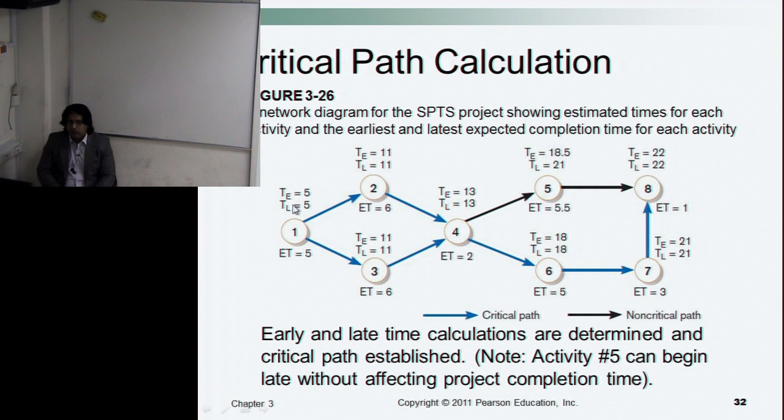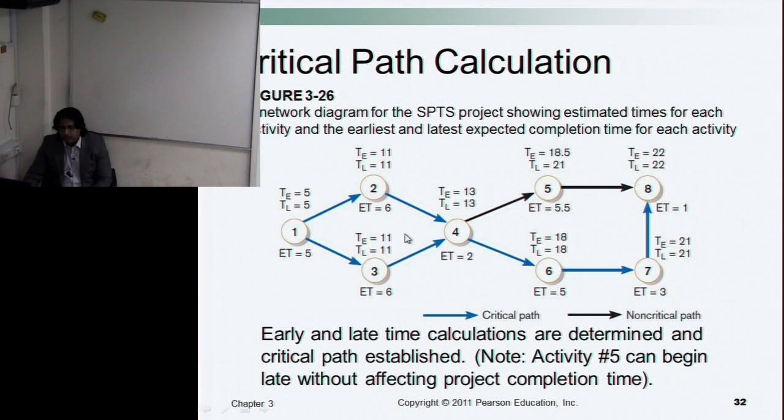Now we have to calculate this earliest time for each following activity by summing up the previous activity times.